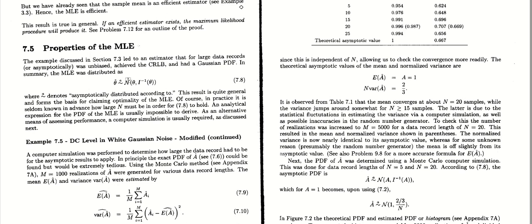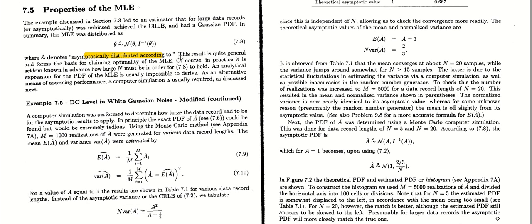So it's asymptotically distributed according to this. This result is quite general and forms the basis for claiming optimality of MLE. So there is no wonder why so many applications adopt MLE.